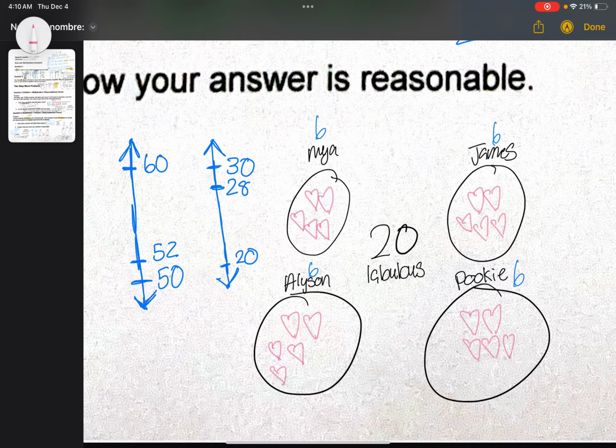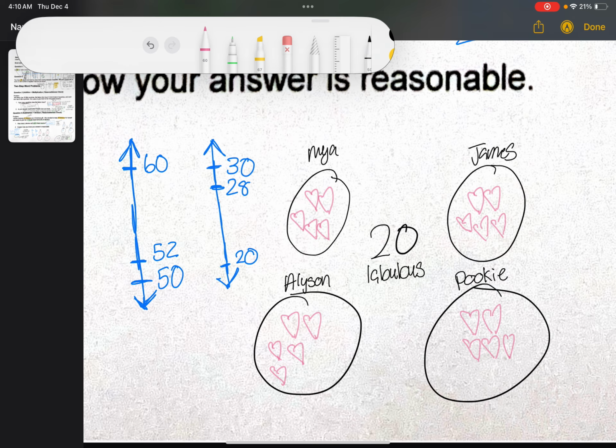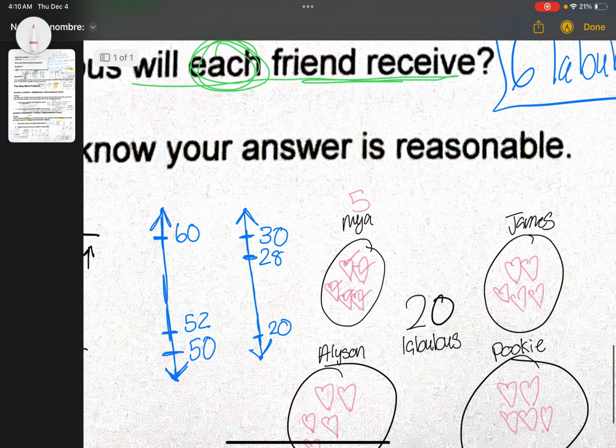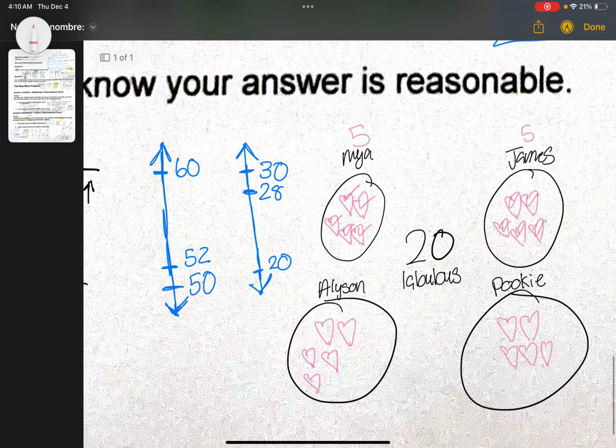Now, let's count how many labubus each of our friends have if we use our rounded answer of 20. Let's see Maya. Maya has 1, 2, 3, 4, 5, so Maya will have 5 labubus. James will have 1, 2, 3, 4, 5 labubus as well.